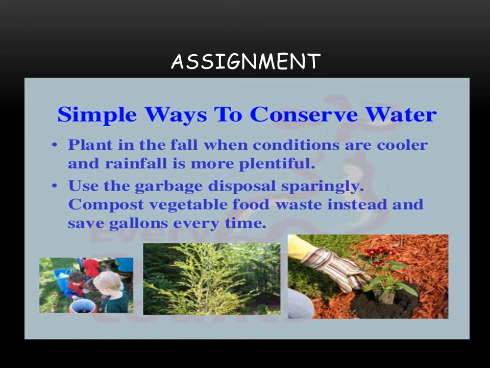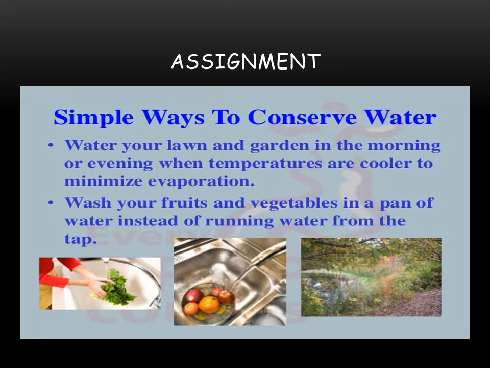Use the garbage disposal sparingly. Compost vegetable food waste instead and save gallons every time. And water your lawn and gardens in the morning or evening when temperatures are cooler to minimize evaporation. Wash your fruits and vegetables in a pan of water instead of running water from the tap.